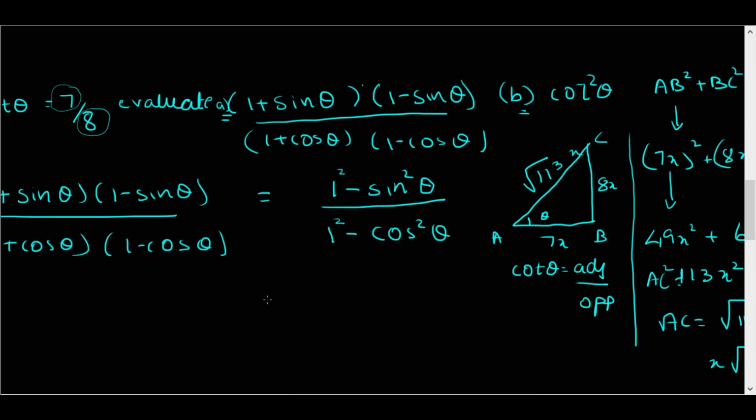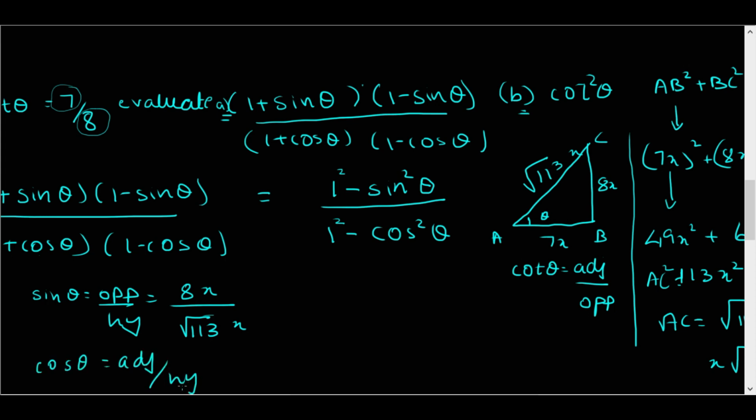So now let's write down what is sine theta. Sine theta is opposite by the hypotenuse. Opposite to theta is 8x. 8x by root 113x. Cos theta is adjacent by the hypotenuse, which is 7x by root 113x.